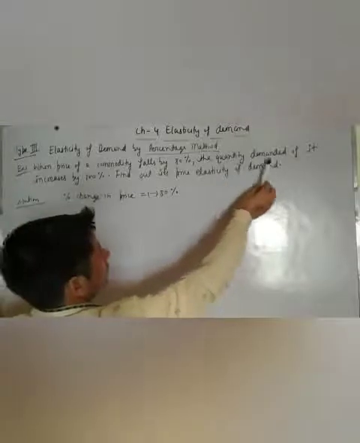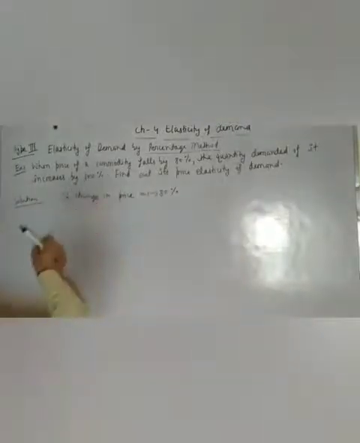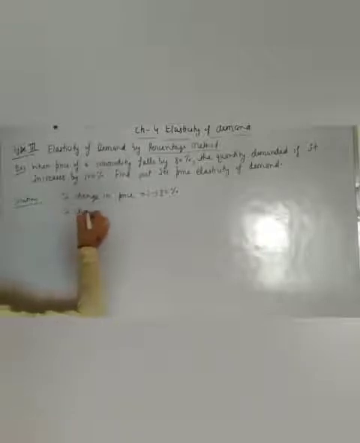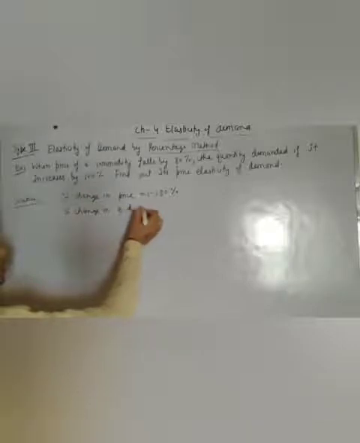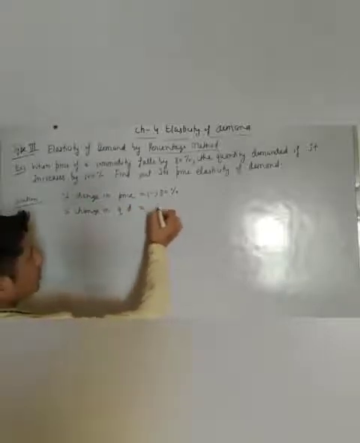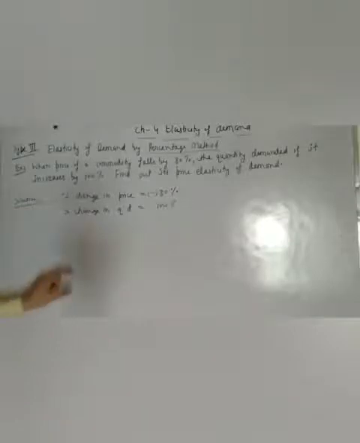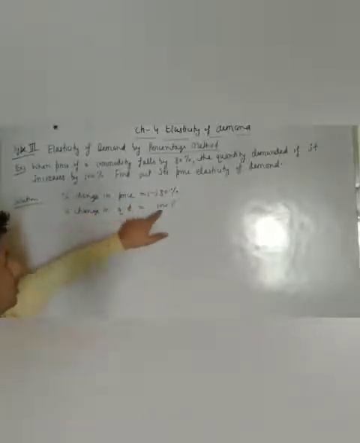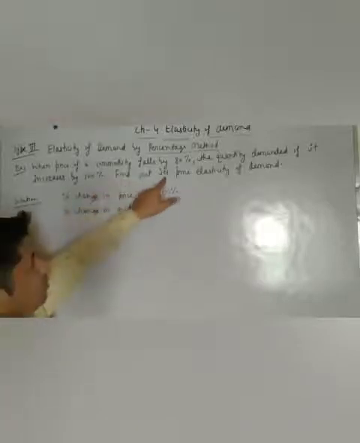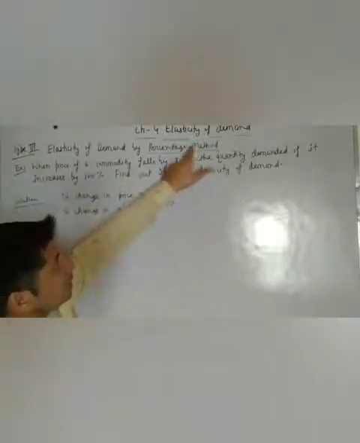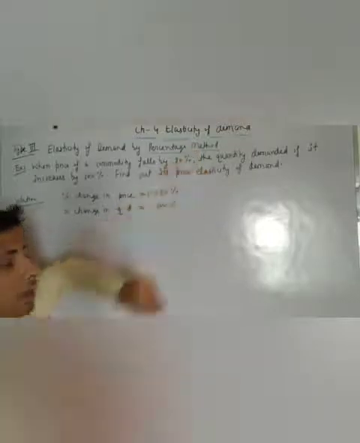The quantity demanded of it increases by, percentage change in quantity demand means 100%. Percentage change in price is given, percentage change in quantity demanded is also given. Find out its price elasticity of demand by percentage method.